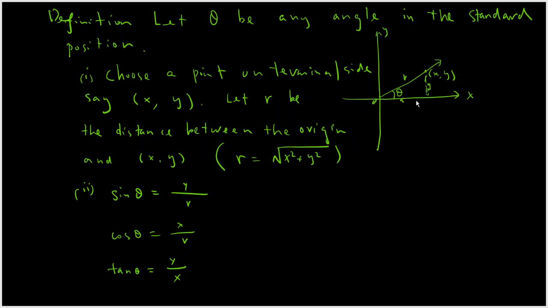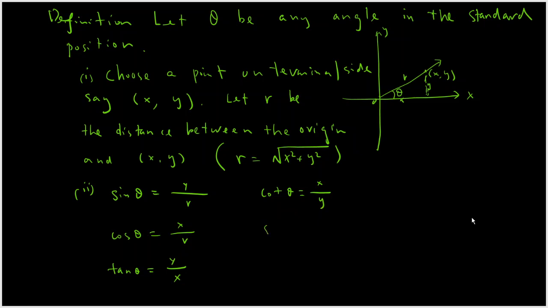3 more. Cotangent of theta: you look at the tan, you invert the numerator and the denominator, and you have the definition of cotan, which is x over y, right? And 2 more.